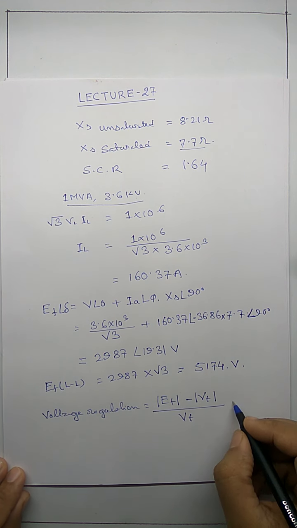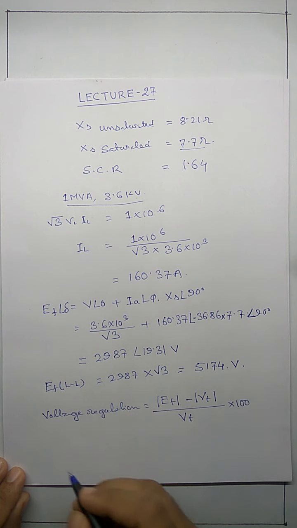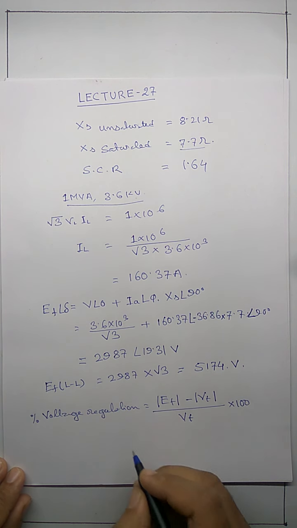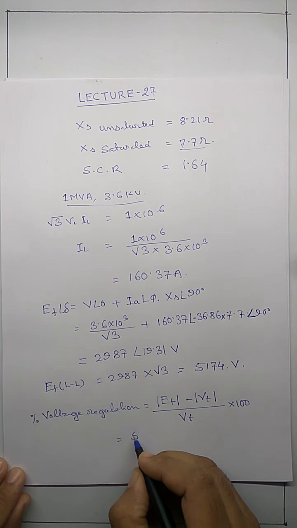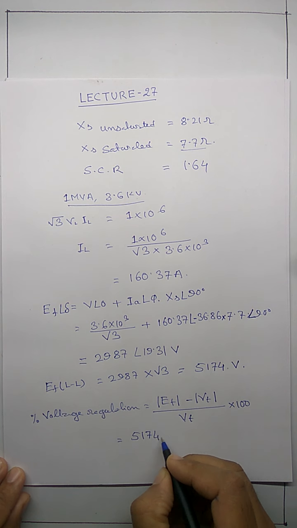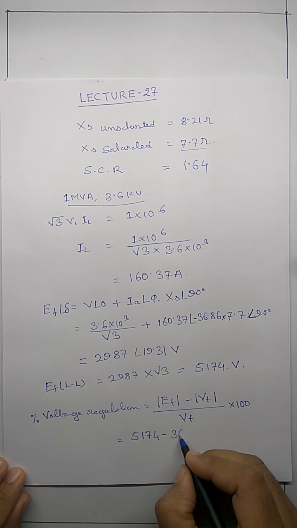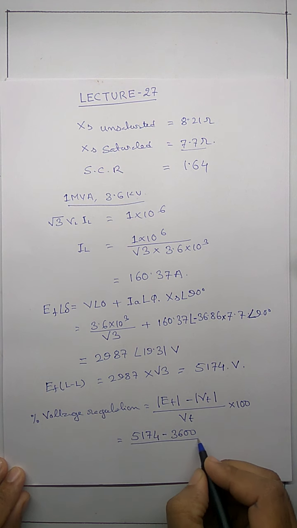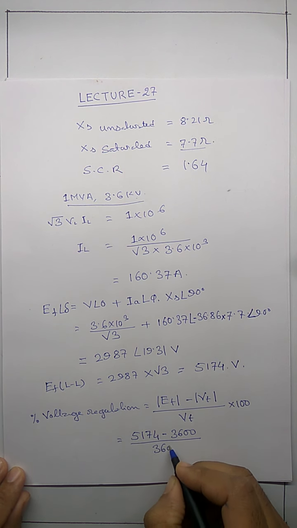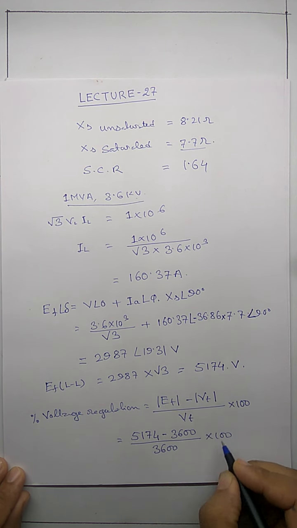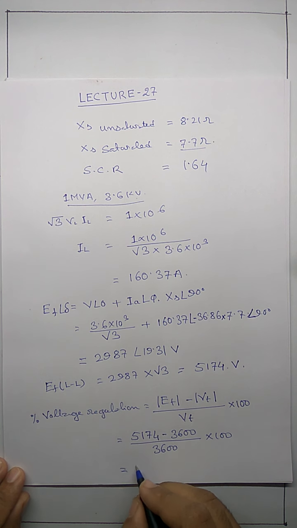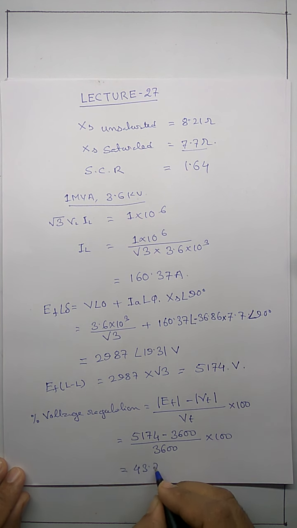This is in per unit. If you multiply it by 100, it will become percentage. So this is 5174 minus 3600 divided by 3600 into 100. That turns out to be 43.7%.